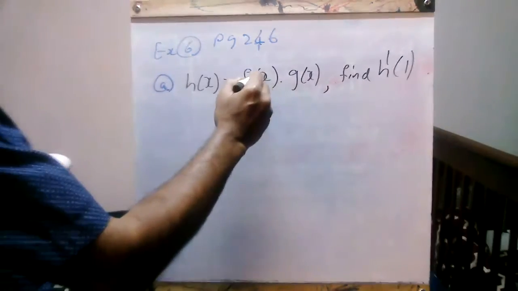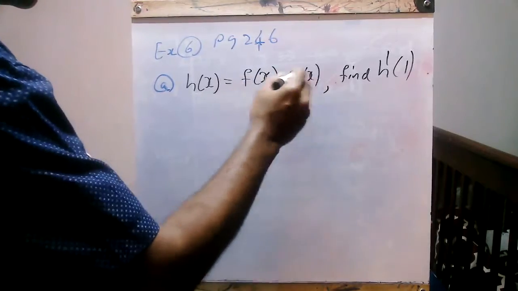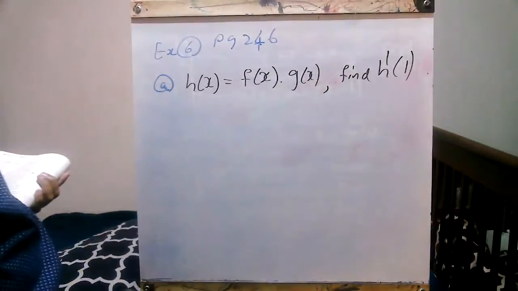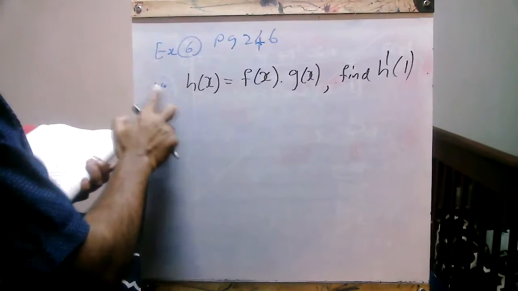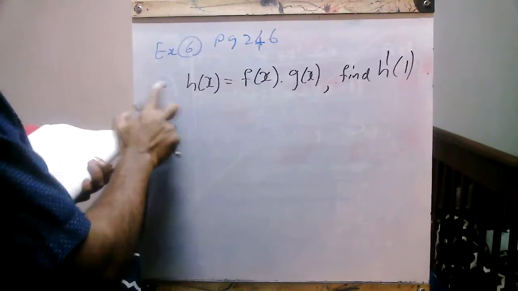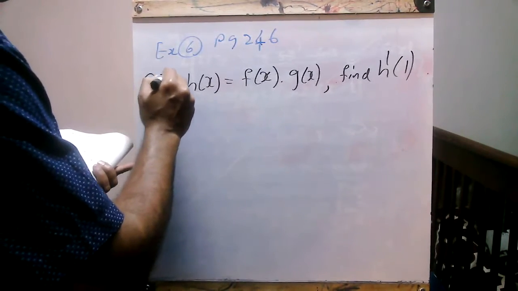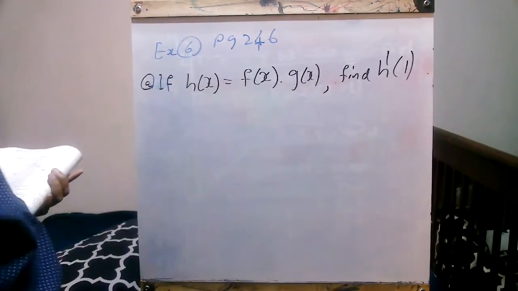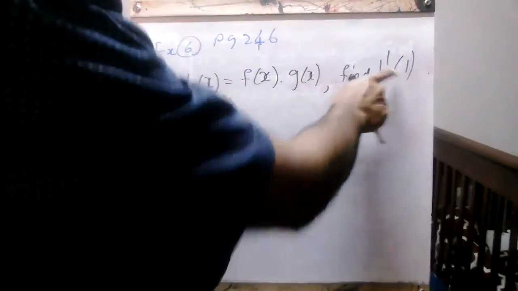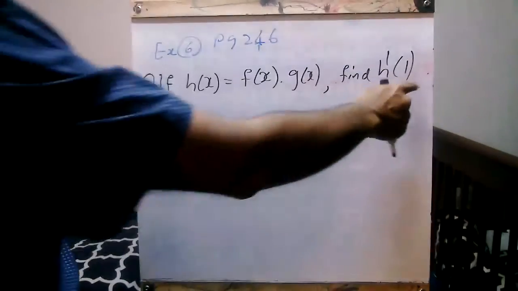Now this is a product rule. Why are we using that? It's asking us to find h dash 1. This is given. If h(x) equals f(x) times g(x), find h dash 1.